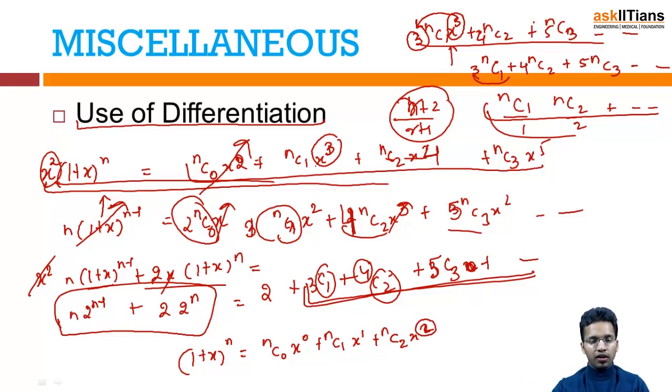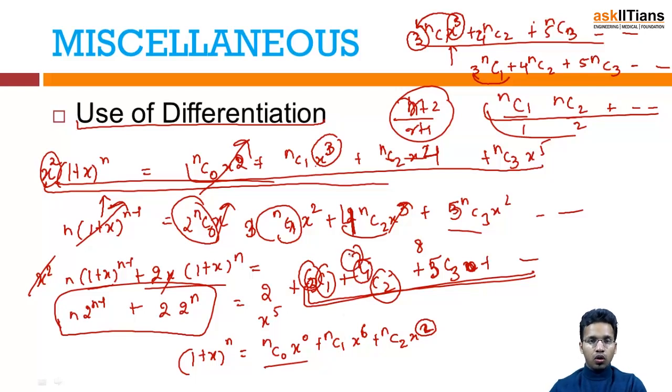So suppose I would have required 6, 7, 8 here. Now in this, we will be multiplying by x raised to power 5, so that this becomes x raised to power 6.